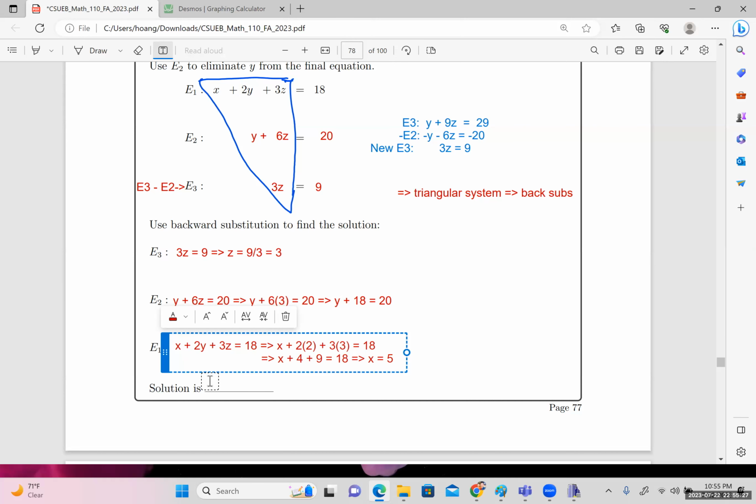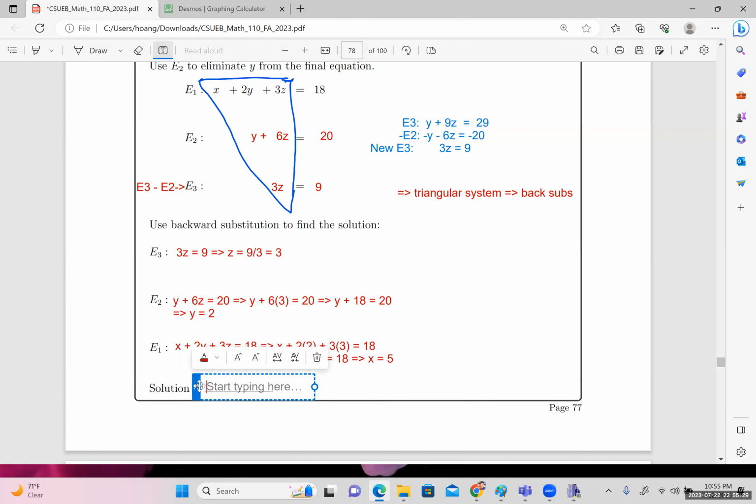So the solution is an ordered triple. I will say x comma y comma z equal to 5 comma 2 comma 3 as the answer.